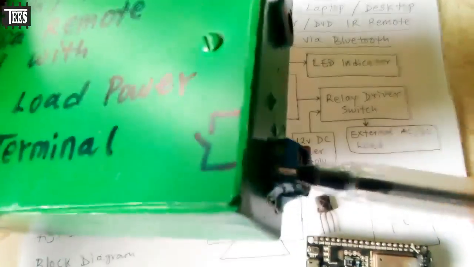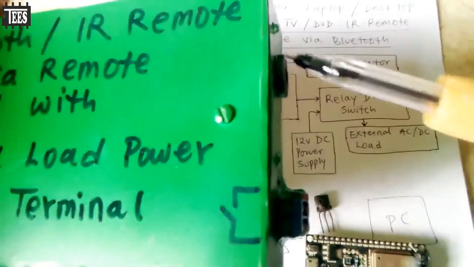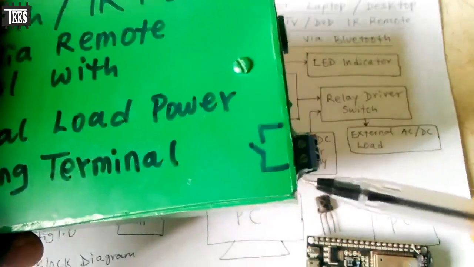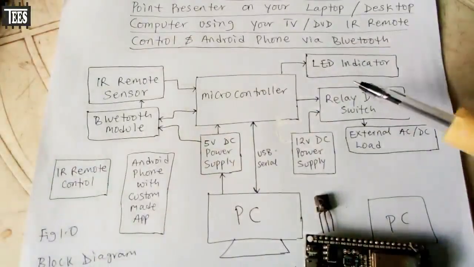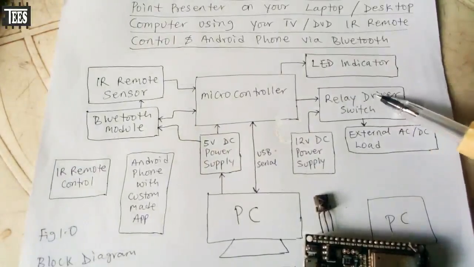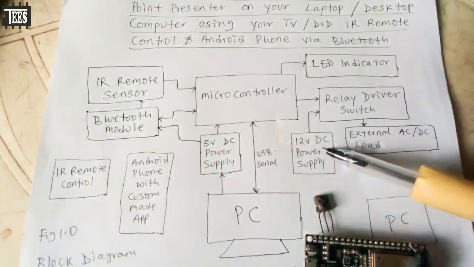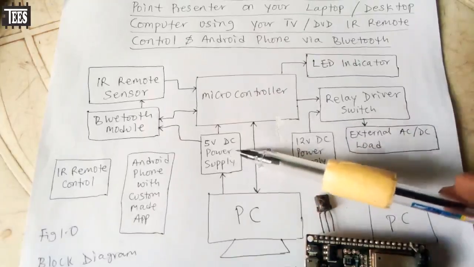So I decided to add something. You see, this is a switch. There's a relay in here. This is a 12-volt power supply. We should control the relay here. So that's why we have this relay driver switch here to control an external load, which is going to be powered with 12 volts.